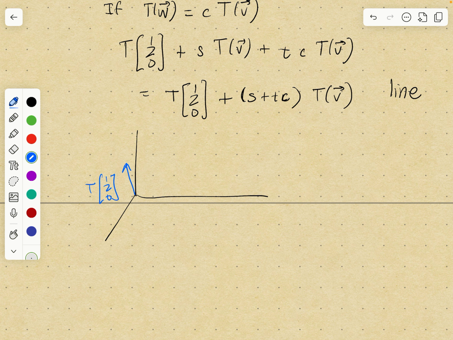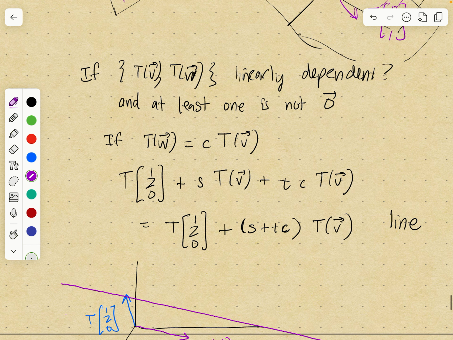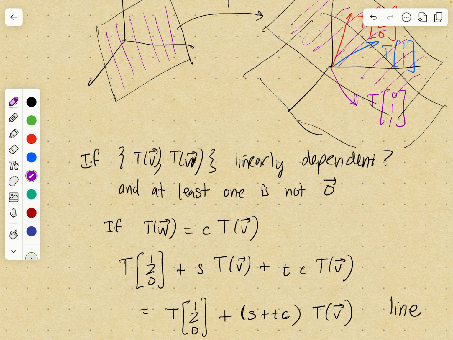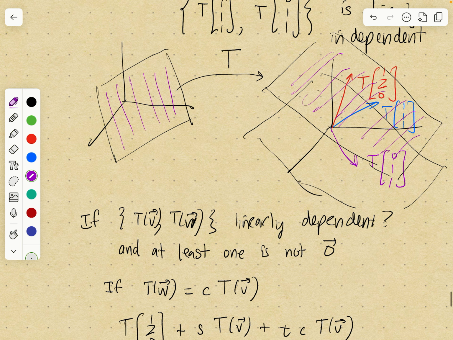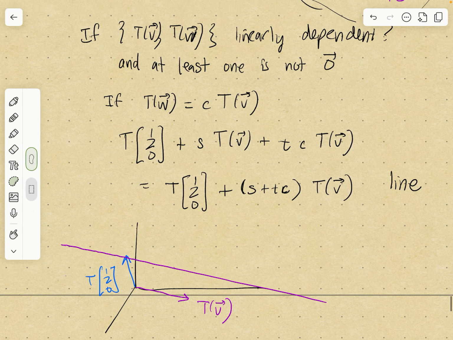And then I have this line that's parallel to T of V. So if T of V and T of W are linearly dependent, then this plane is going to get mapped to this line.